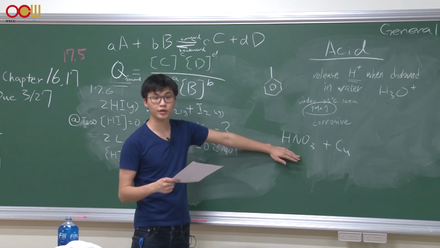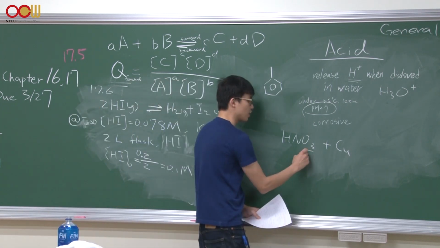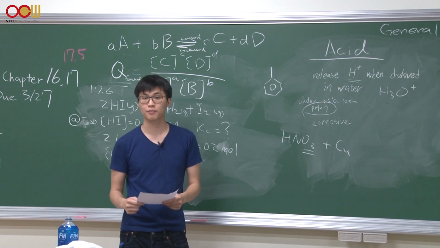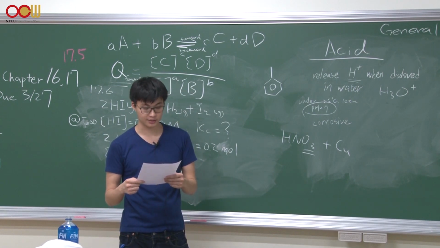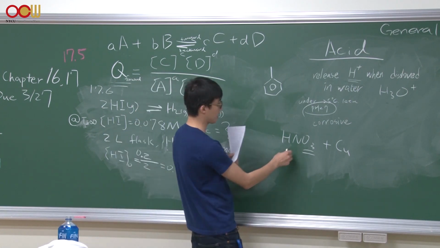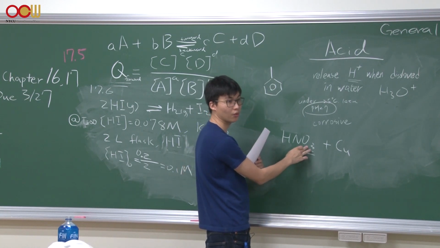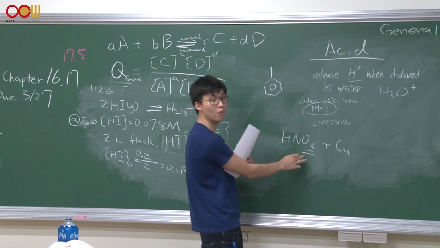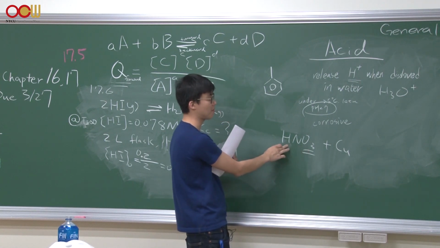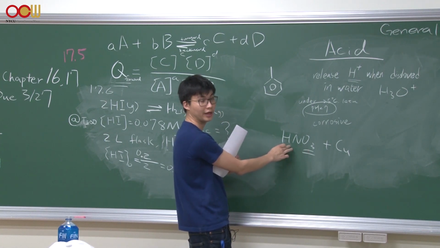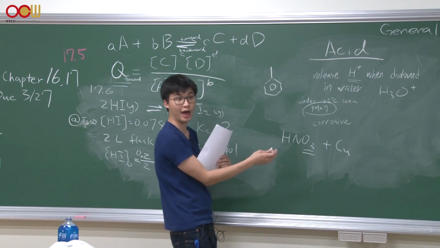Strong acids generally have lots of O. If you were reading chapter 16, it talks about oxo acid, okay? So if we look at this, only one hydrogen is bonded to O, right? So when you have two or more oxygens that are not bonded to hydrogen, it is a strong acid.